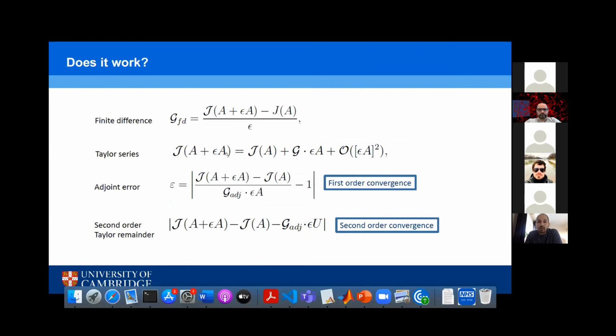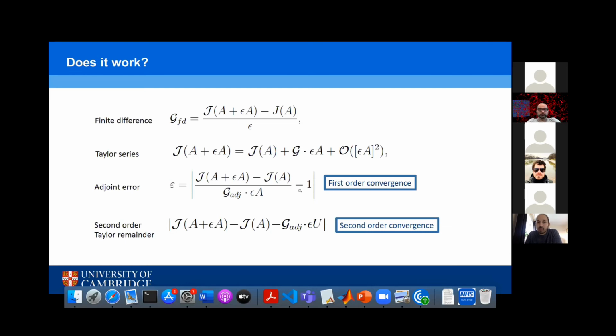The Taylor series expansion gives us that we can write the cost function at the perturbed value in terms of the gradient and the original cost function. Using this, we can then derive the adjoint error. Theoretically speaking, the adjoint error, if we just rearrange the expression in the second line, should converge at first order.